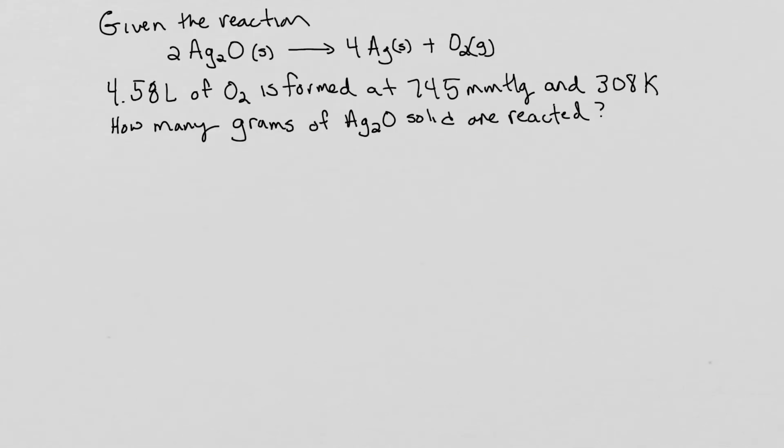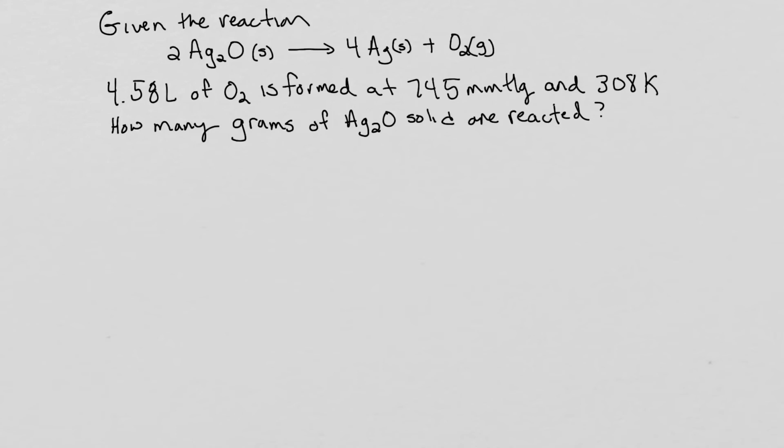Okay, so I want to close by doing one final example problem of stoichiometry of the gas. We're given a reaction here: 2 moles of silver oxide, solid, reacts to give 4 moles of solid silver and 1 mole of oxygen gas.